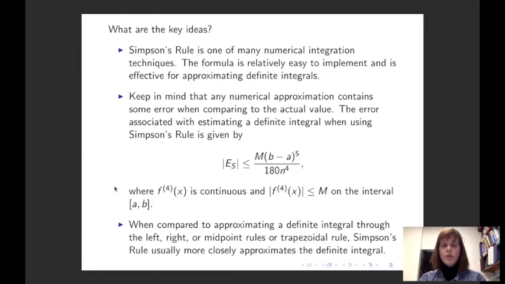Also, to apply this error formula, the fourth derivative of f should be continuous, and in absolute value, it's less than or equal to M for some upper bound on the interval from a to b. And finally, when compared to approximating a definite integral through the left, right, or midpoint rules, or the trapezoidal rule, Simpson's rule usually more closely approximates the definite integral.